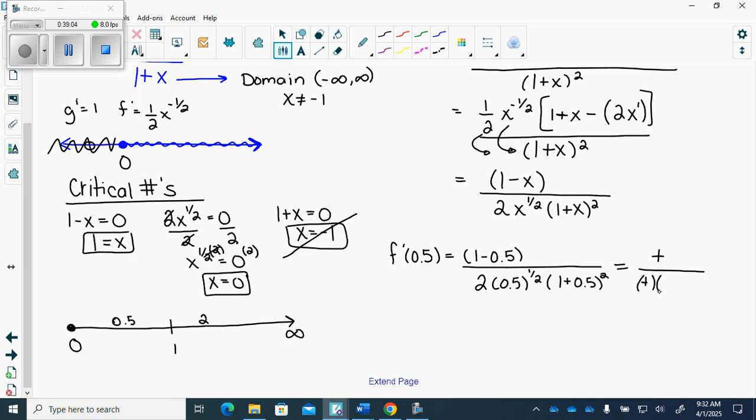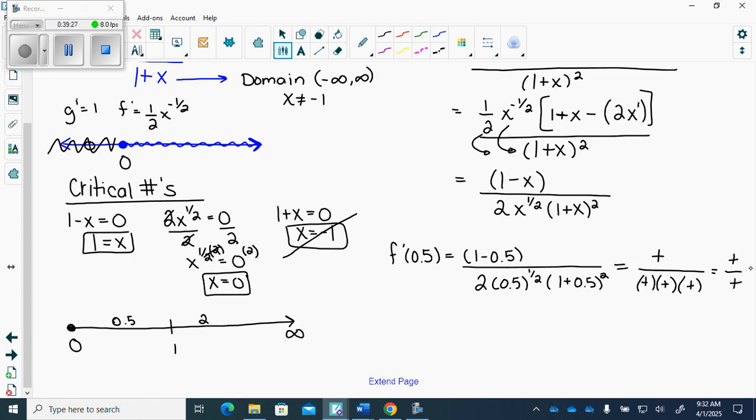What's the square root of a positive? A positive. Do I care what the actual answer is? No. And what's anything squared? Positive. Anything squared is positive. So I have on the denominator a positive times a positive times a positive. So in my denominator I have a positive. In the numerator I have a positive. So what's my result?